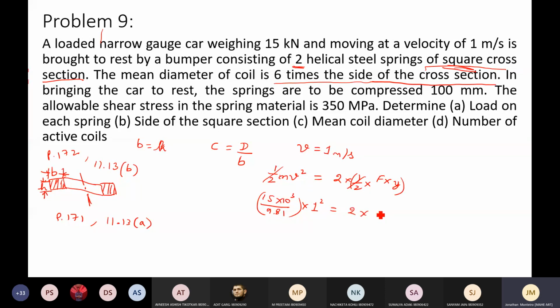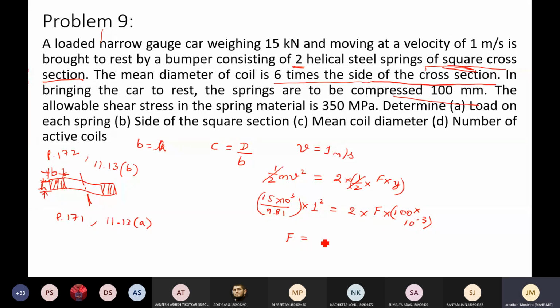So 2 into F, unknown, into the compression. Springs are to be compressed 100 mm, so it is 100 into 10 power minus 3. Why minus 3? Because the left hand side is in meters per second, so it has to be in meters here.